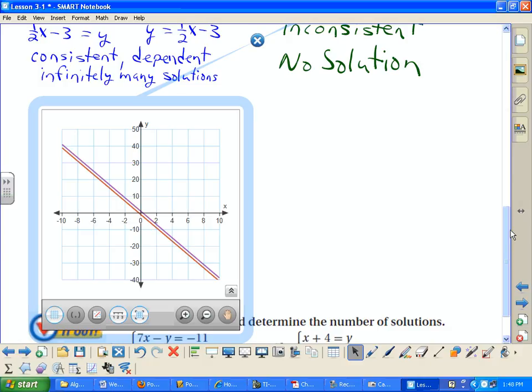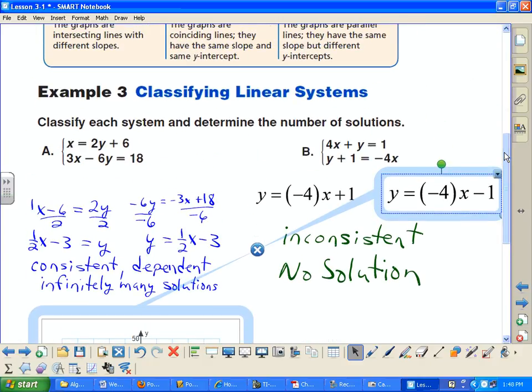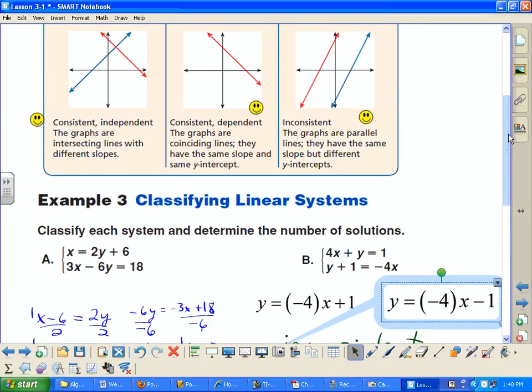So there's no solution there. All right, questions about these? With these, you're going to have to get them into slope-intercept form, then compare the slopes and the y-intercepts to be able to classify. Now if the slopes are different, then it's consistent and independent, and there's one solution.